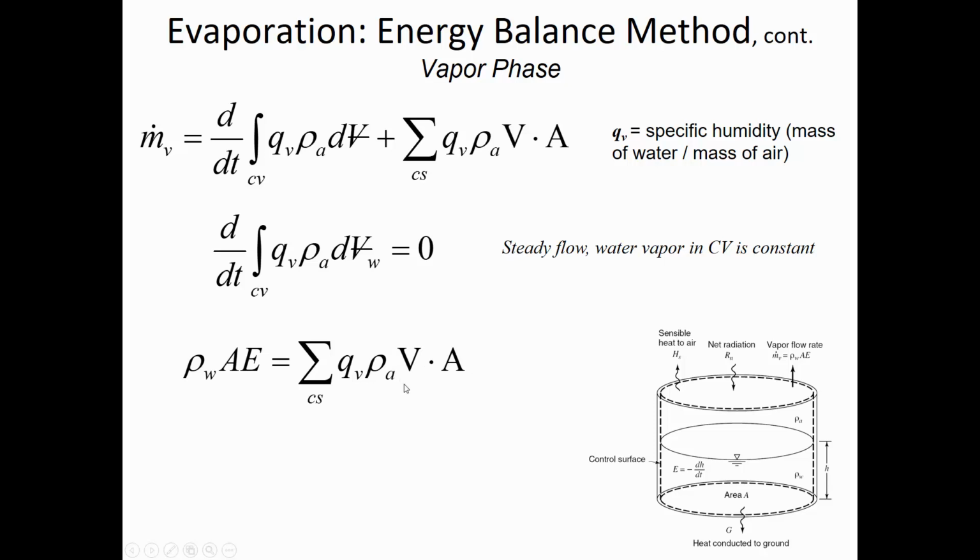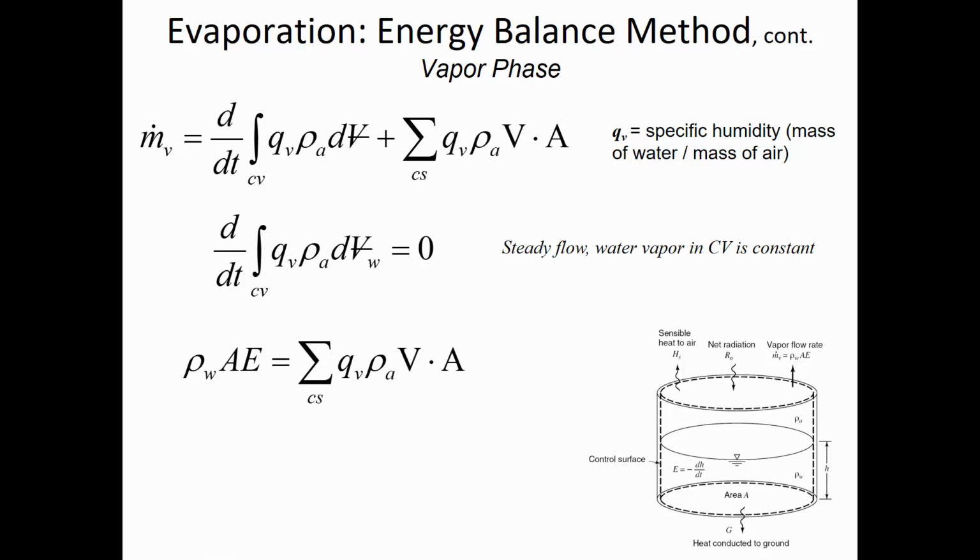So that's essentially the amount of water mass that's exiting through the control surface is accounted for by that liquid rate decrease that we were seeing with E. So this is just a complicated way of saying whatever evaporates goes out of the control surface as additional moisture.